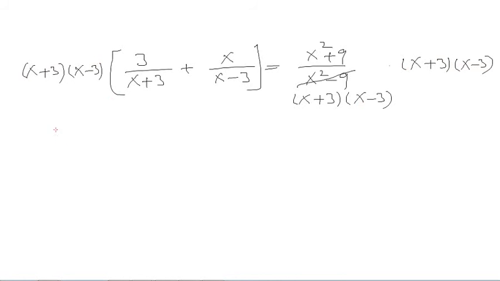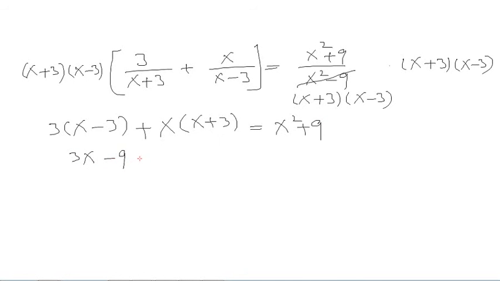Here I get 3 times x minus 3 plus x times x plus 3 equals x squared plus 9. 3x minus 9 plus x squared plus 3x equals x squared plus 9. X squared cancels x squared.